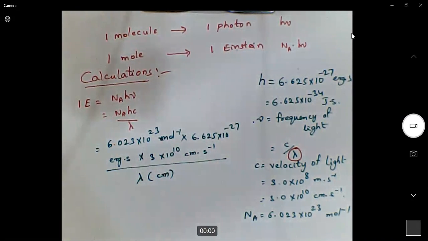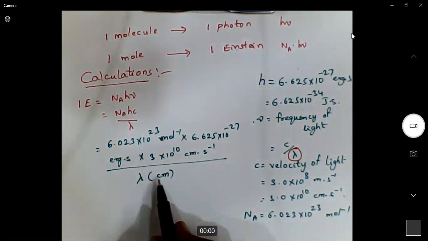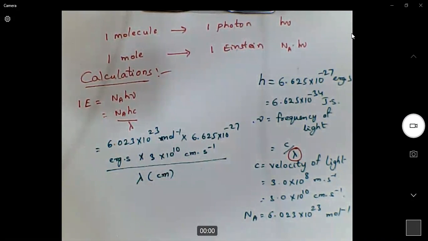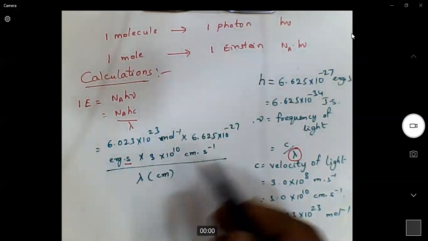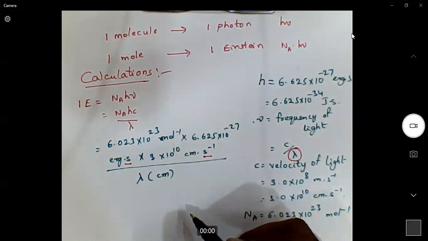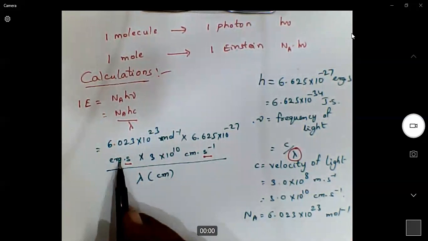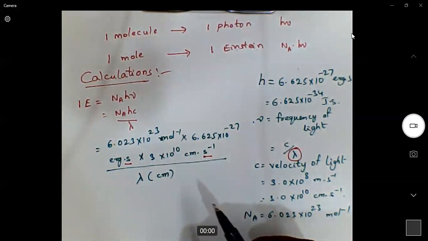Whatever wavelength is given for a particular problem, we need to convert the wavelength into centimeters, then substitute. Here you see, second inverse will get cancelled, so the remaining is ergs.